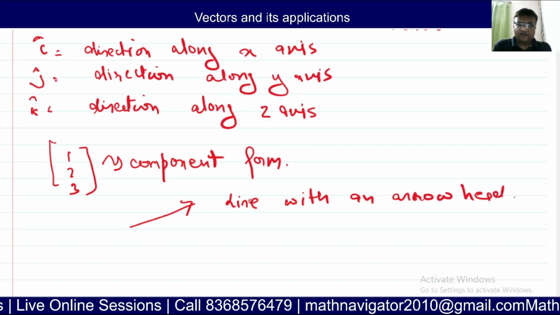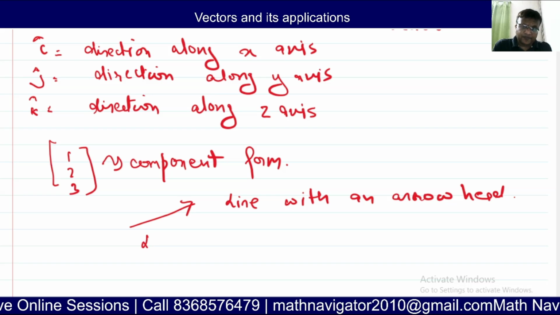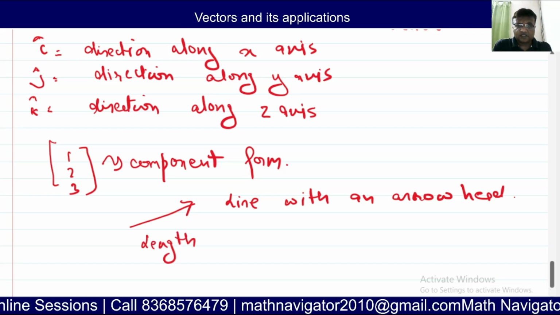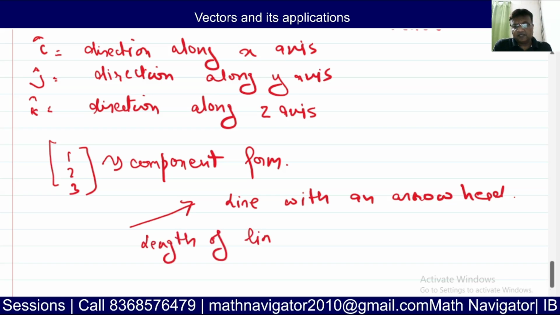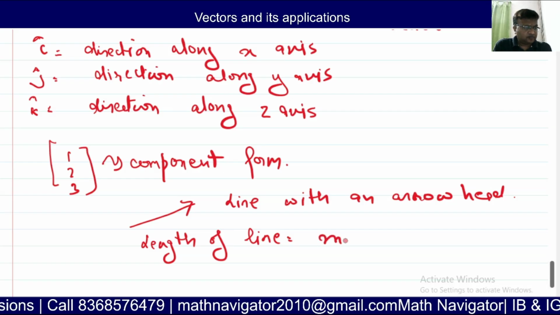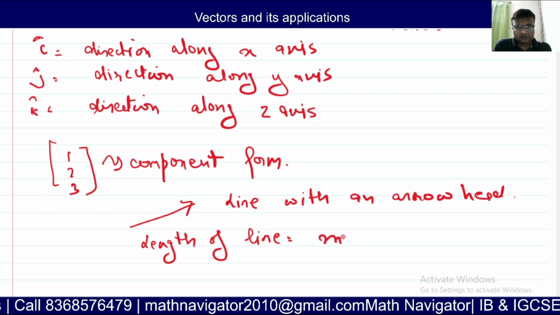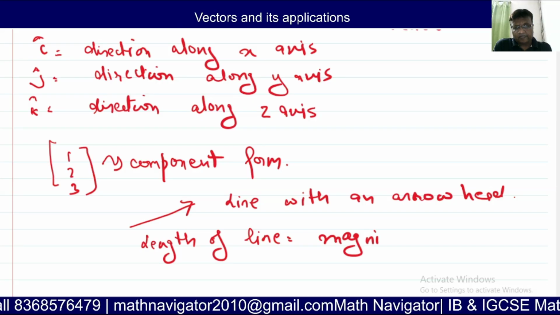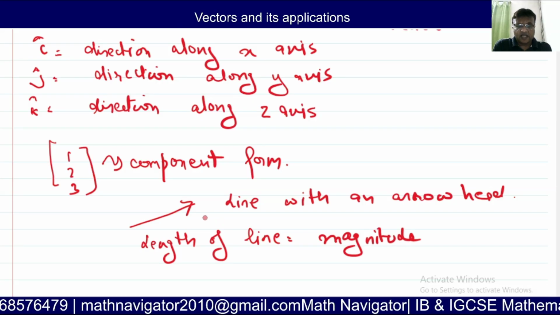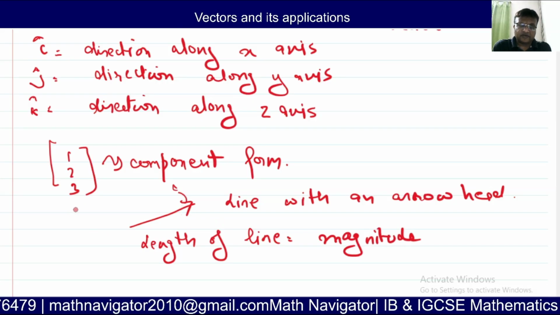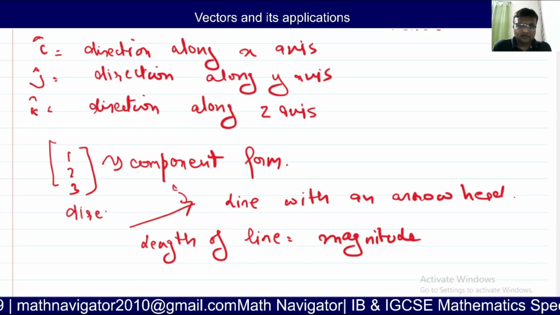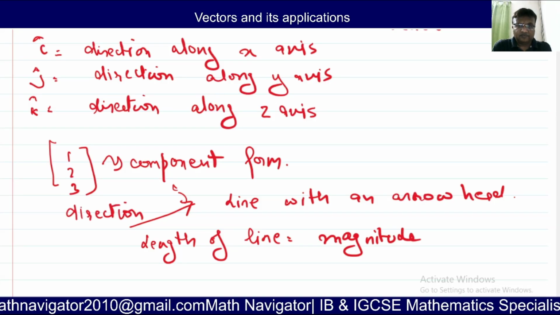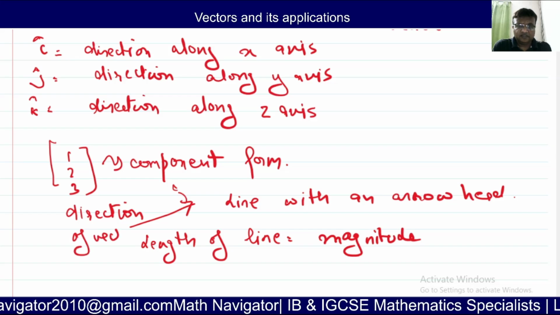So the length of the line represents magnitude, and the arrowhead represents the direction of the vector.